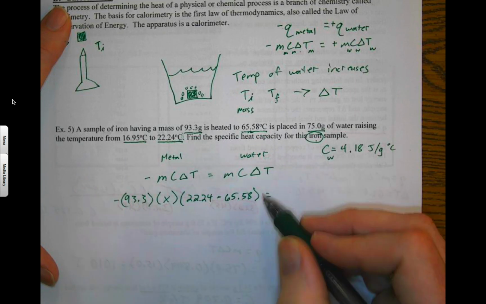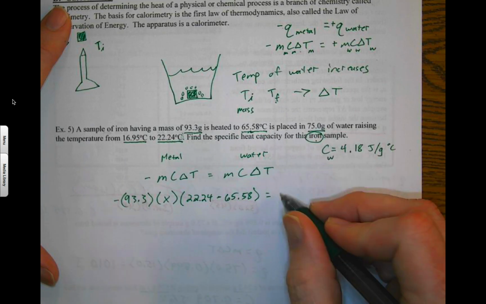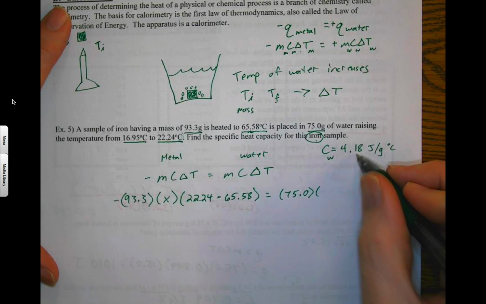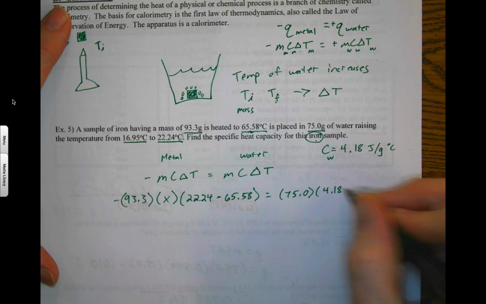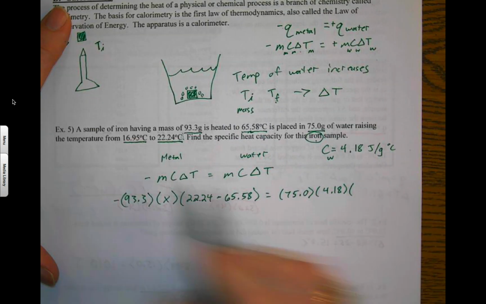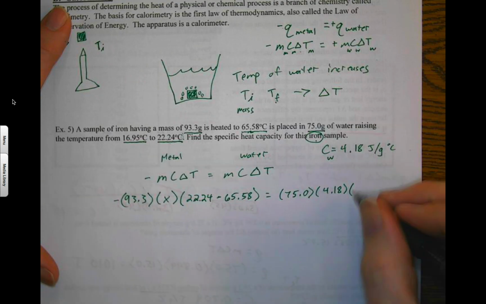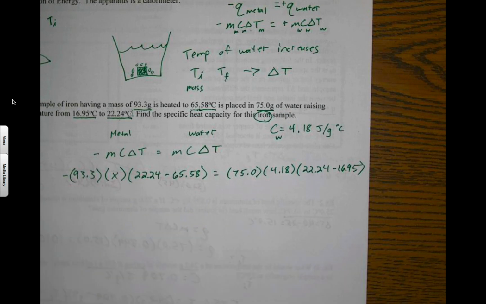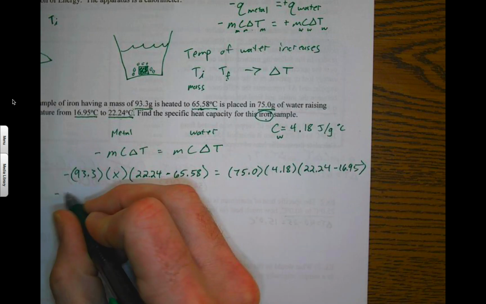All right. And now let's do the water side. The water is 75.0 grams. We already said the specific heat of water is 4.18. And the change in temperature is given to us as 22.24 minus 16.95. So you can simplify this greatly. Let's crunch down our delta T's to make things a little easier.